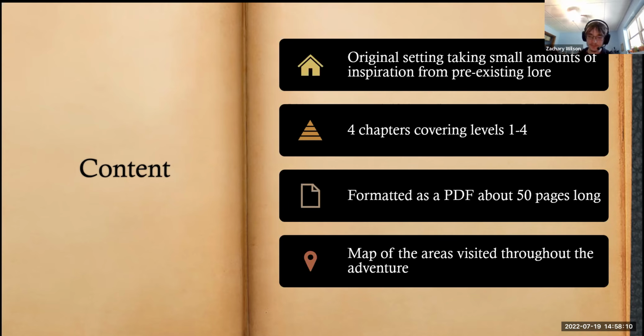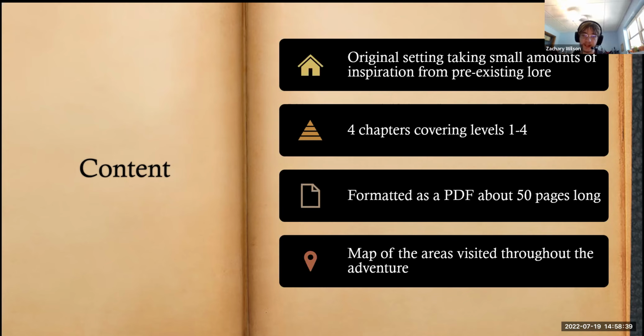Actually, as I was doing research, it's interesting: the creators of Dungeons and Dragons said they had no plans to release anything above level 16. For the very long adventures, many of the books I looked at went to level 10. For the shorter adventures, they stop at around level 4 or 5. So for this project, I figured level 4 would be good.